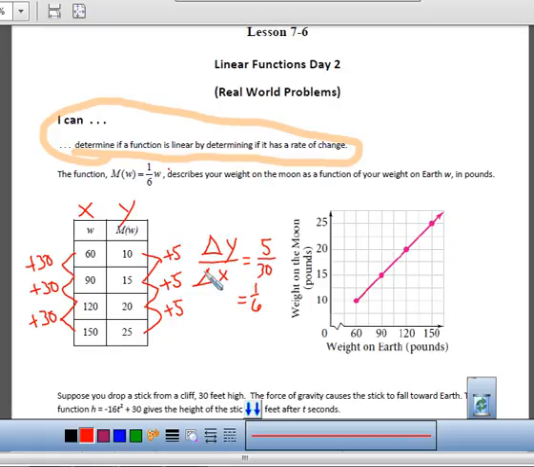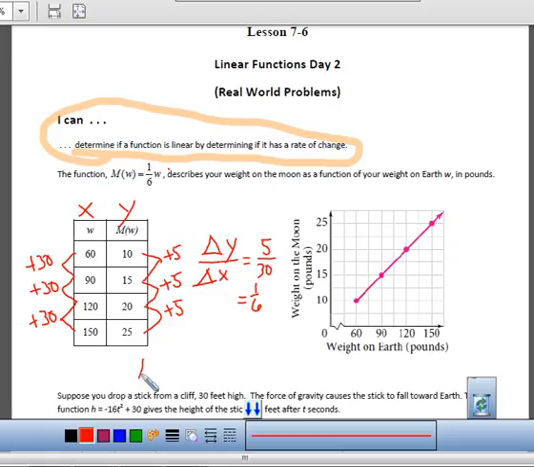So what does that basically mean? First of all, this is our constant rate of change, our slope. And what that's telling us is 1 pound on the moon for each 6 pounds on Earth. So the number on top is the weight on the moon, and the number on the bottom is the weight on the Earth.